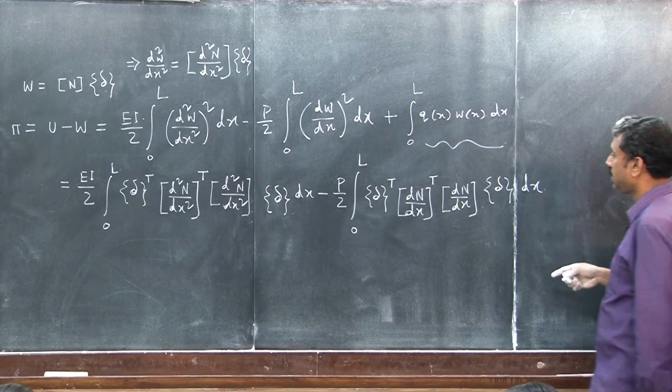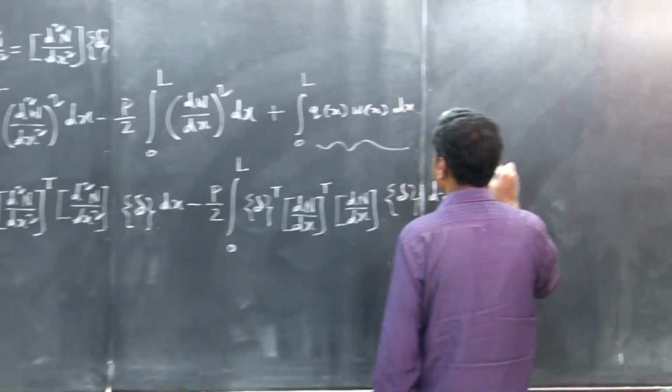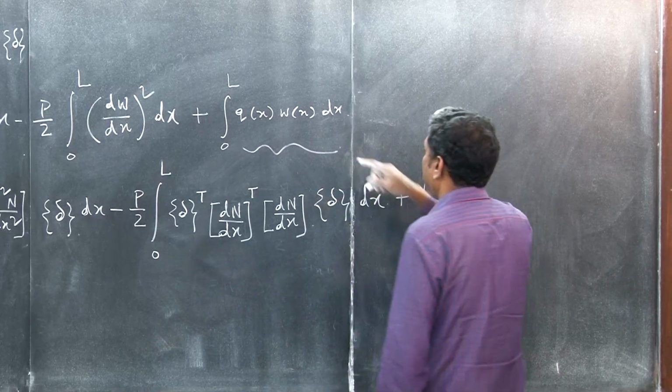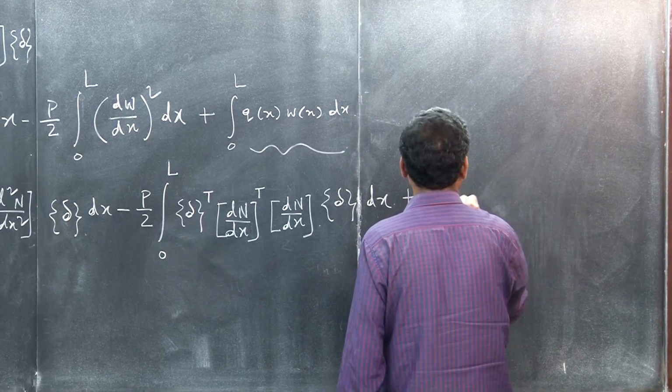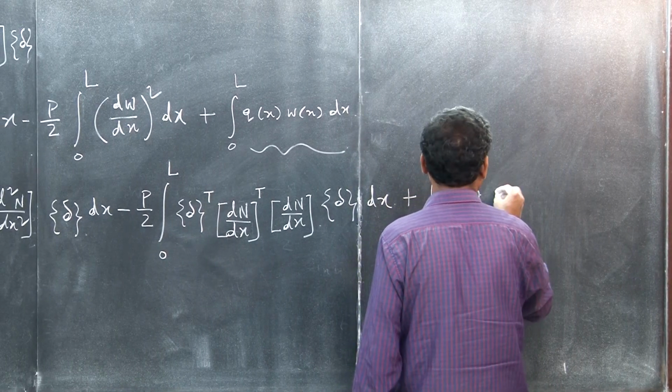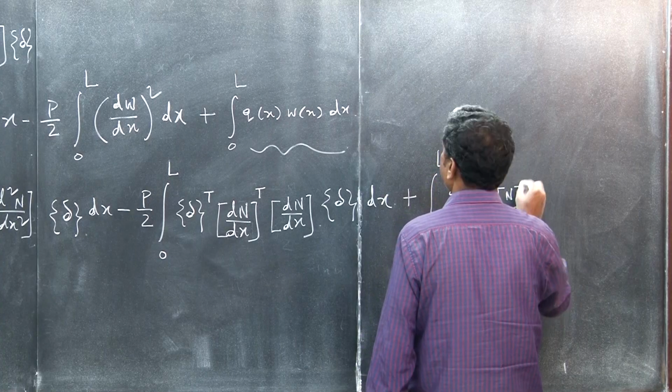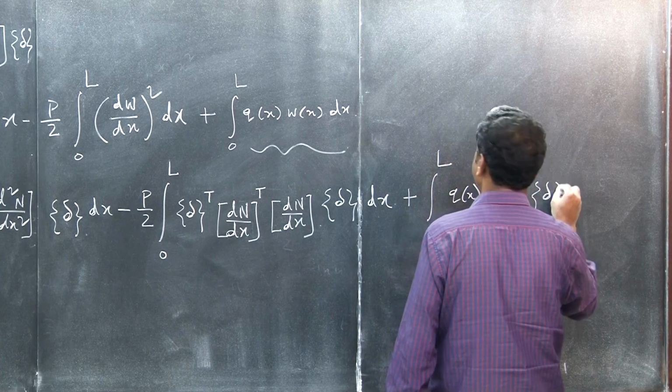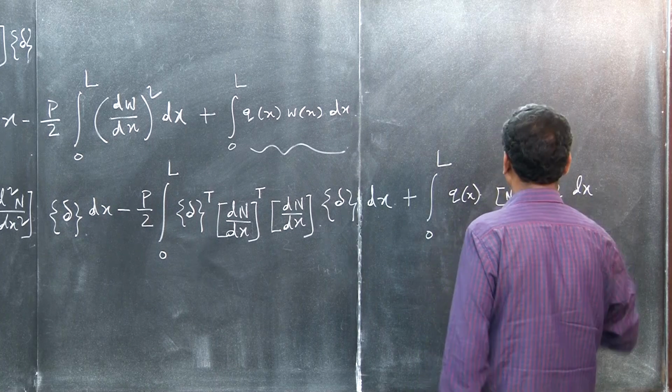If you integrate 0 to L, if you want to put this Qx, I am writing Qx, and then this one is Wxn transpose delta dx. Okay.